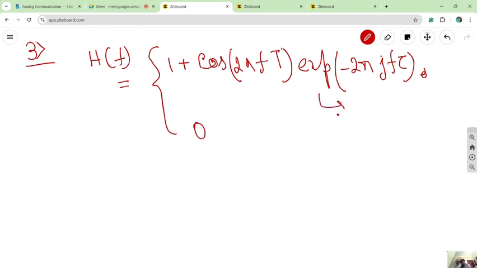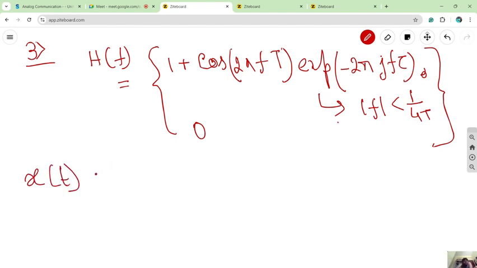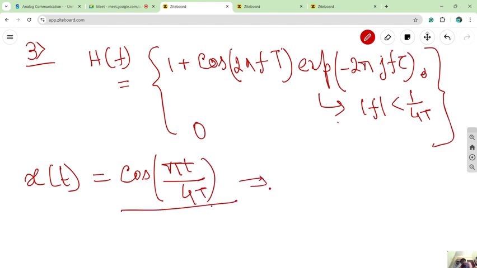So this will take the value if mod of f is less than 1 by 4t. The input signal is similar: X of t is equal to cos of pi t by 4t. The target is what is Y of t.